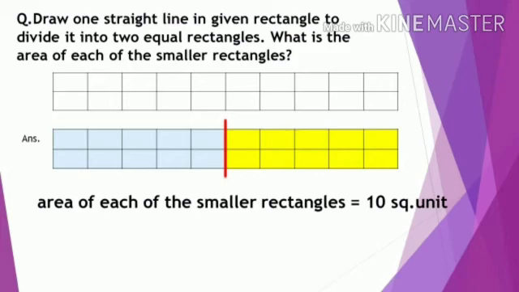So with the help of this vertical line, we have divided this rectangle into two equal halves. So what will be the area of the smaller rectangle? You can see here in one rectangle there are 10 square boxes. So the area of each of the smaller rectangles will be 10 square units.